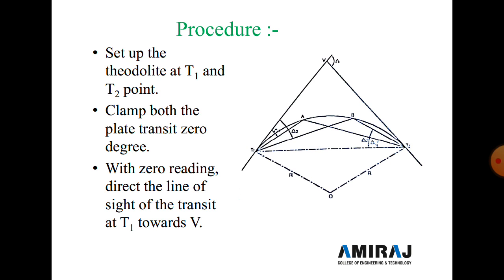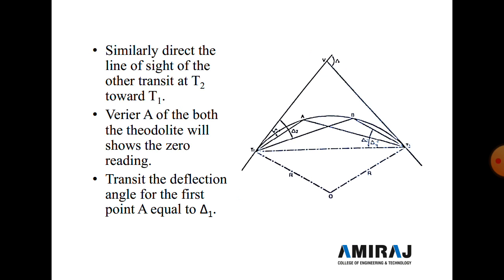Then clamp both the plates, set the transit screw at 0 0 degree, and with 0 degree direct the line of sight from T1 toward the V point, meaning bisect the V point. Similarly, direct the line of sight from T2 to T1. So the second theodolite is set up at the T2 point and bisects the T1 point.